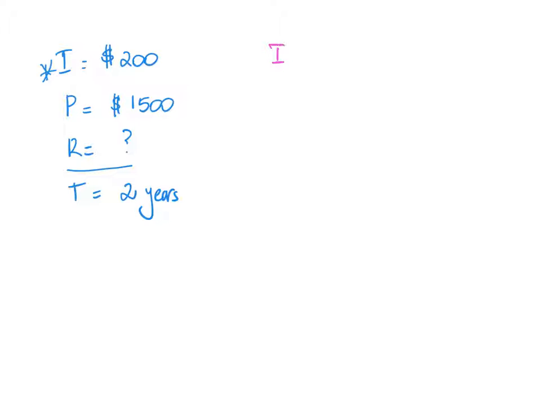So remember, we have I equals P times R times T. We know what our principal is. It's $1,500. Now we don't know what our rate is, so we leave that as R, but we do know what our time is, and it's 2 years.